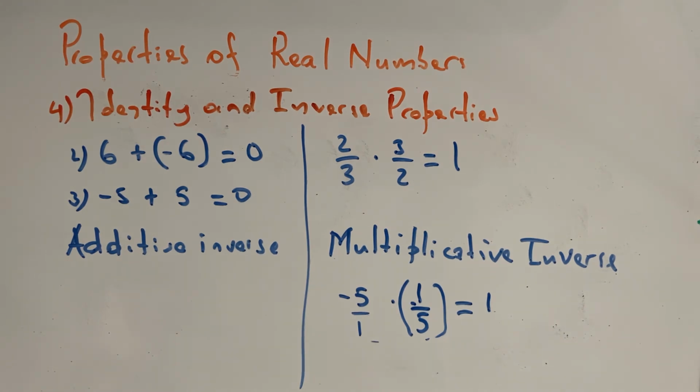Okay, I think I covered pretty much everything you would need to know in that sense. The first thing I saw here was commutative property, then associative property, then distributive property, and identity and inverse property.